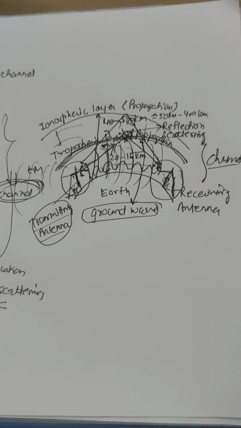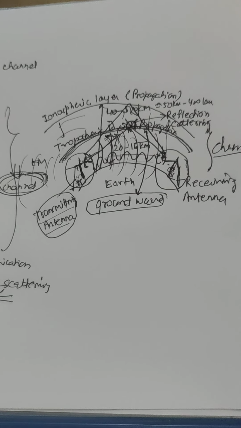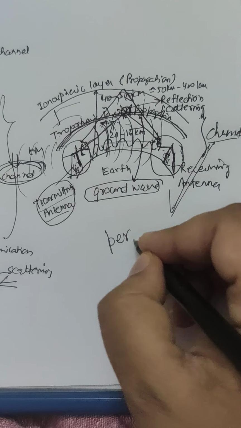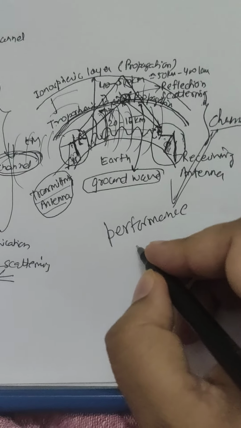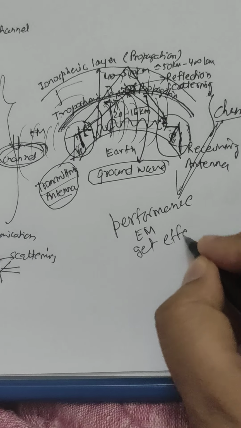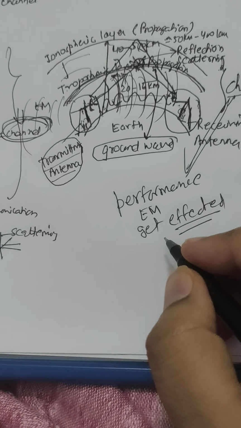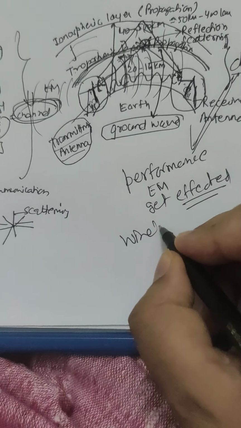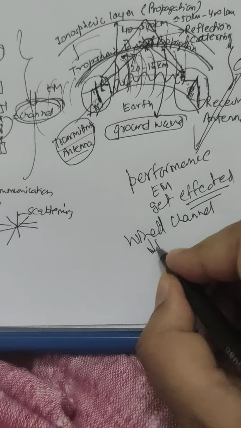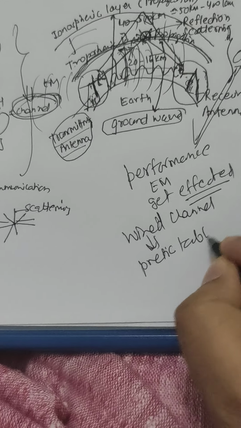In a wired channel, there are fundamental limitations and they are not so effective. So the performance of this channel, the performance of the EM waves, gets affected, because in a wired channel there are predictable limits.